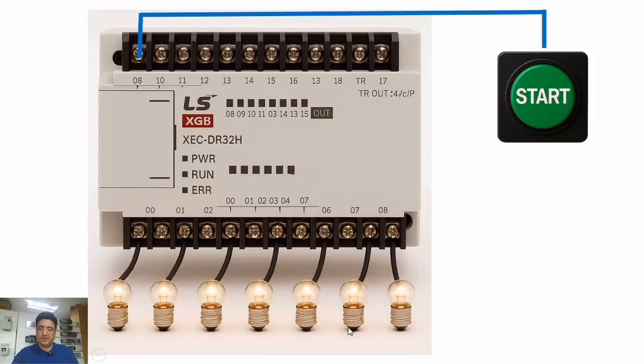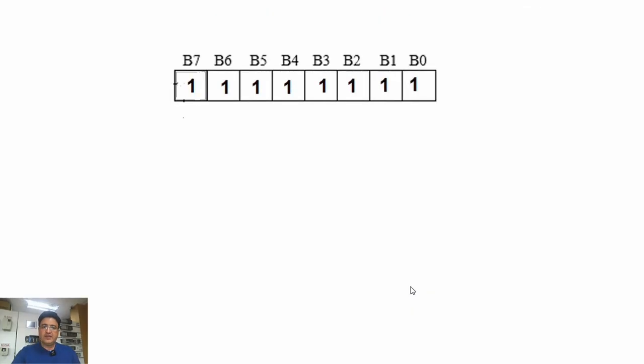So to write this program, first we need to create a byte which will serve as a fundamental building block. We say that from bit 0 to bit 7, they are supposed to turn on. So that means from bit 0 to bit 7, we should have ones. Now we'll write this number in binary form.